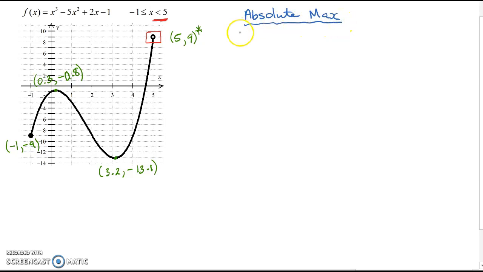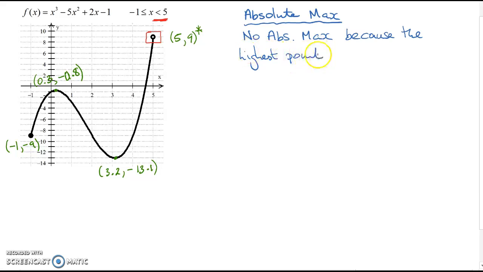In a case like this, there is no absolute maximum because the highest point is an open circle. And therefore, it's not technically part of this function at all.